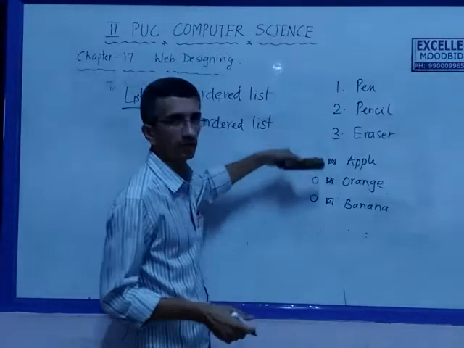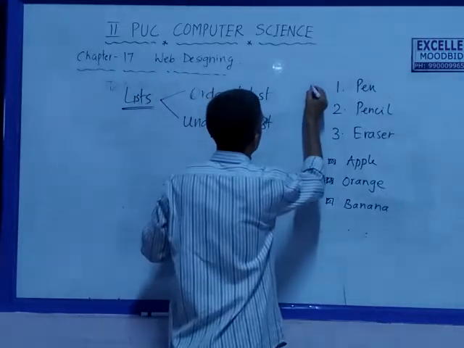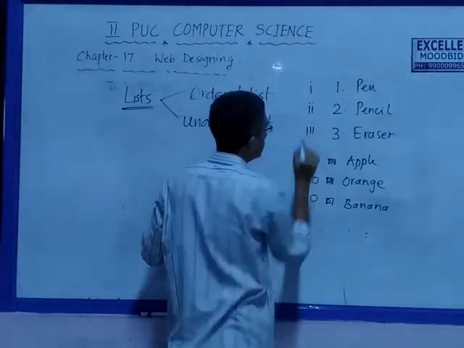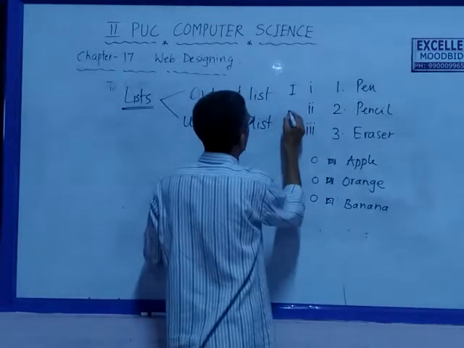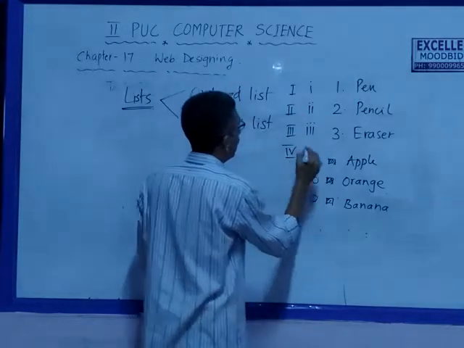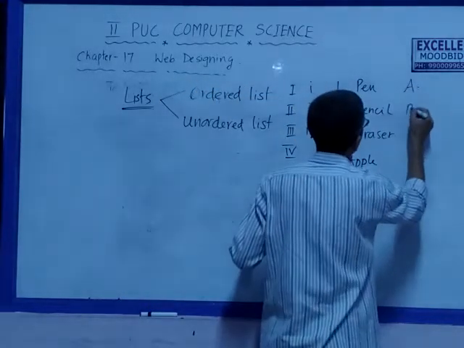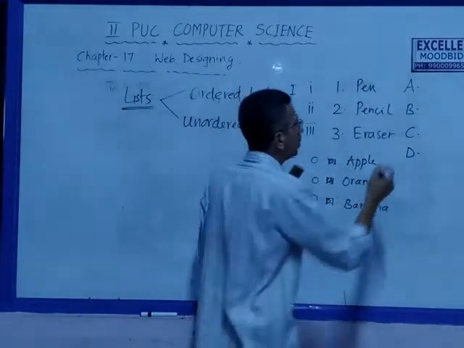The ordered list also, by default, is a 1, 2, 3 number list, or it can sometimes be small Roman letters, or capital Roman, 1, 2, 3, 4 like this, or it can be alphabets also, A, B, C, D, either uppercase or lowercase.